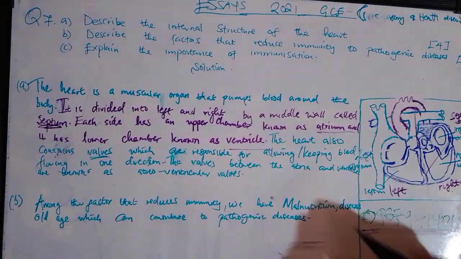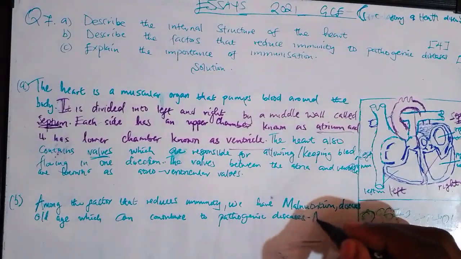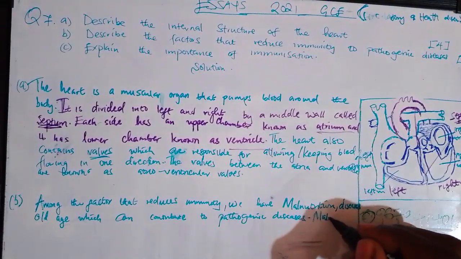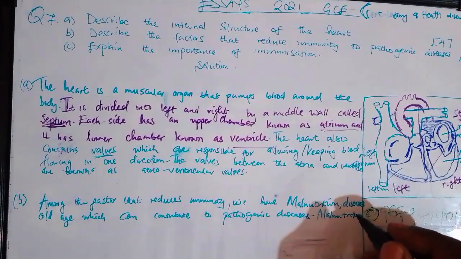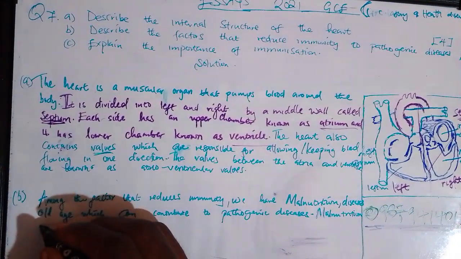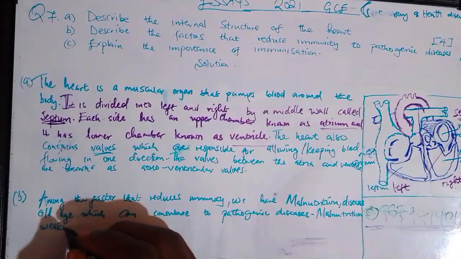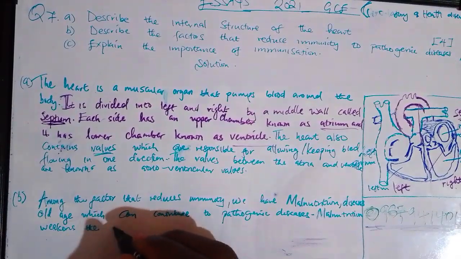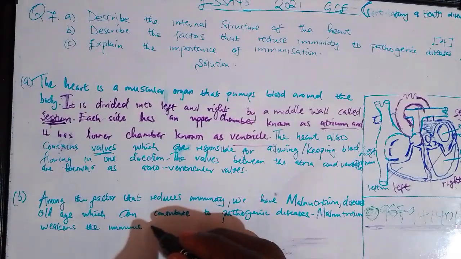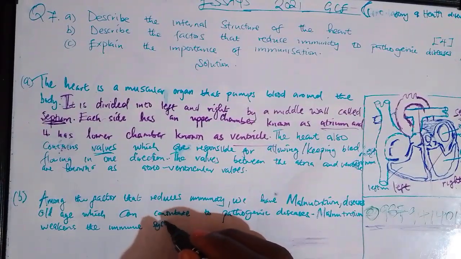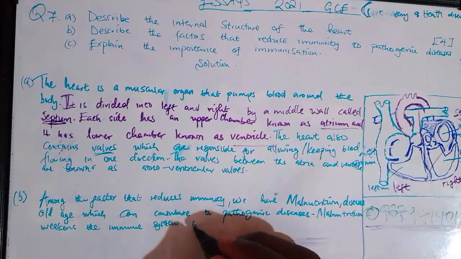So now you can say malnutrition weakens the immune system. Why?